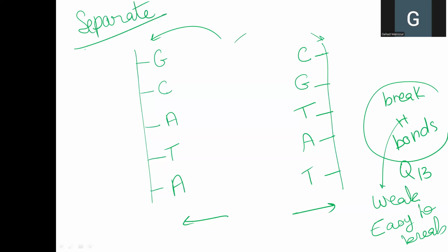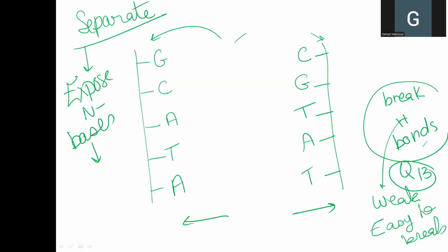And why do we need to separate the two strands? To expose the nitrogenous bases. And why do we want to expose the nitrogenous bases? We want to expose the nitrogenous bases so that there could be easy accessibility to the enzymes of replication.